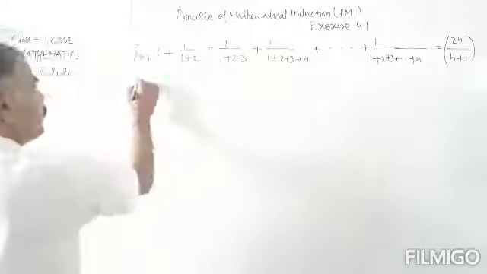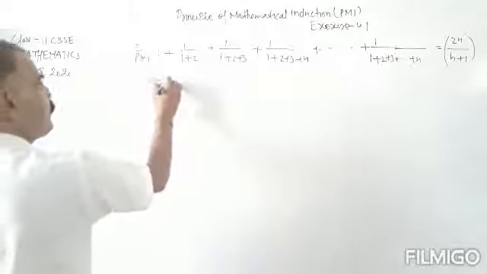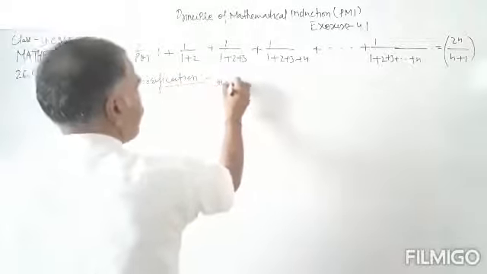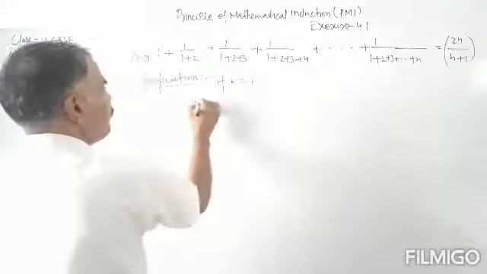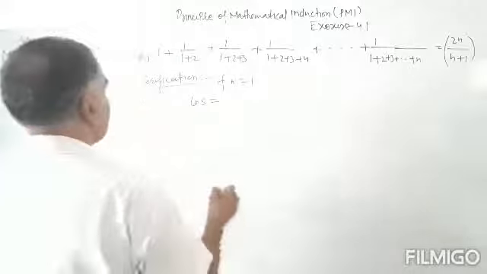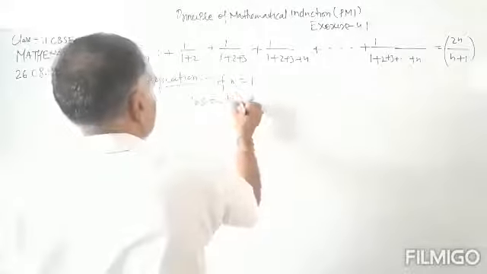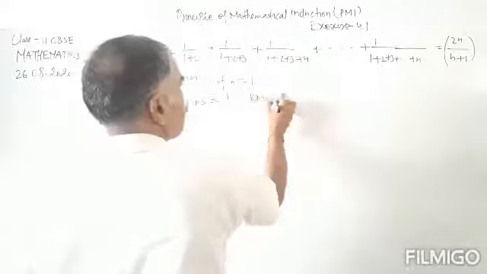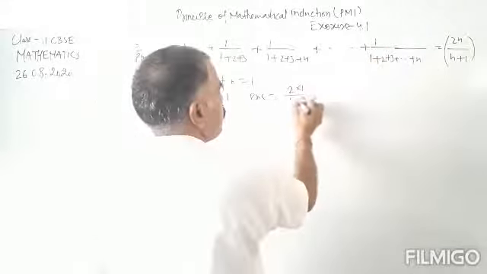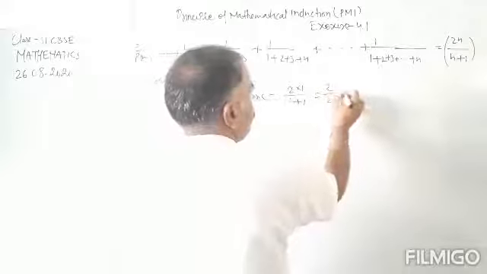In mathematical induction the first step is verification. If n equals 1, then the left hand side is equal to 1 and the right hand side, putting n equals 1, is 2 into 1 upon 1 plus 1, which equals 2 upon 2, that is 1.